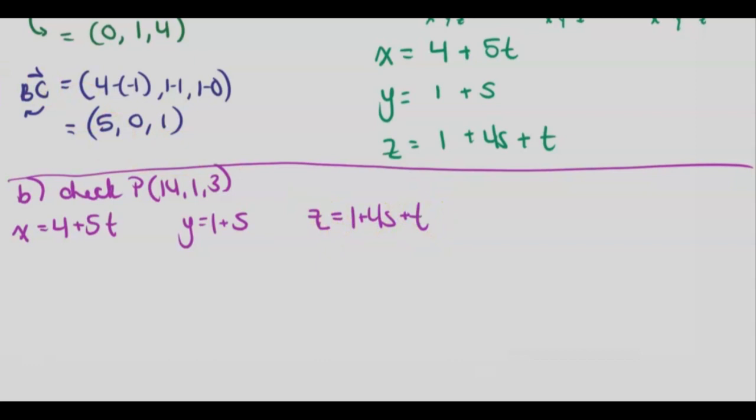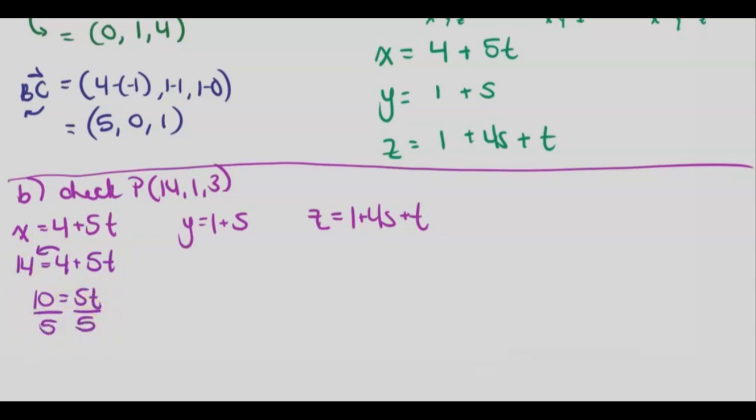We're able to check these very easily because we have an equation for x that only has the parameter t. So let's sub in 14 and solve for t. Bring the 4 over, it becomes -4, so 10 equals 5t.